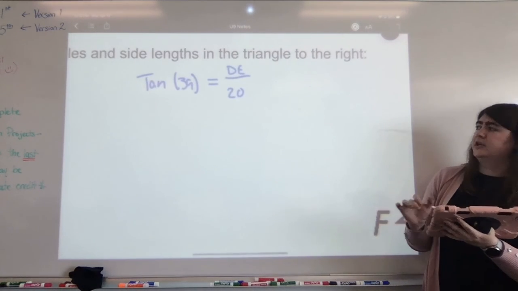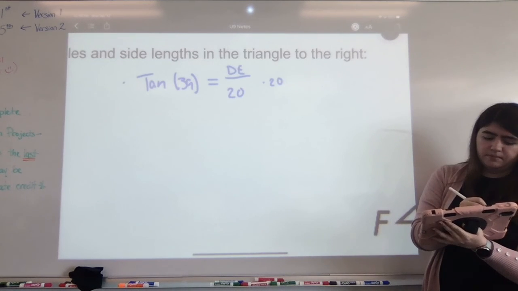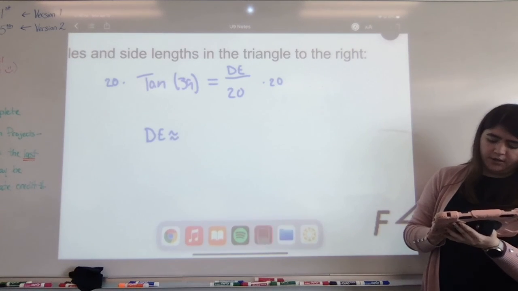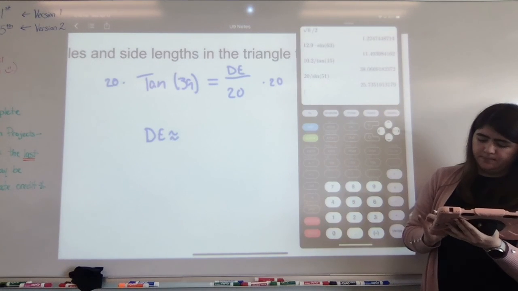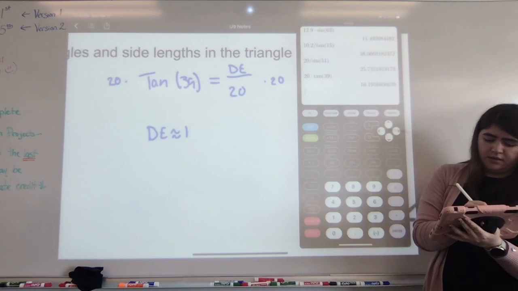Right, now I'll zoom in here. I'm going to solve by multiplying out the 20 on both sides, which means that DE is going to be approximately, and we'll pull out our calculator here, 20 times the tangent of 39 degrees, which is approximately equal to 16.19.